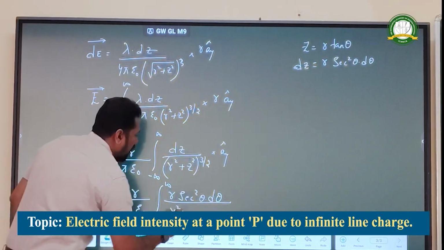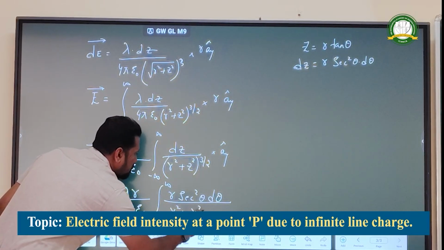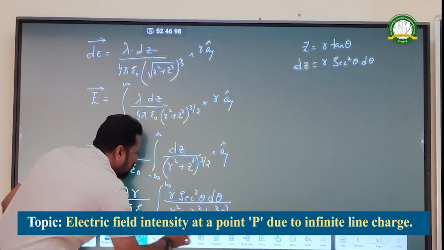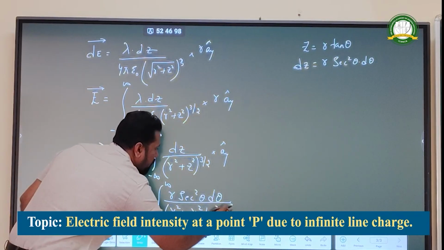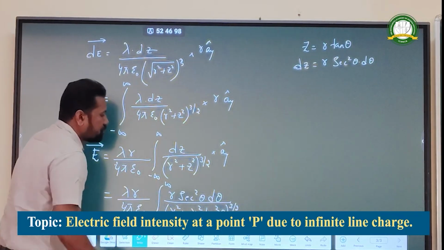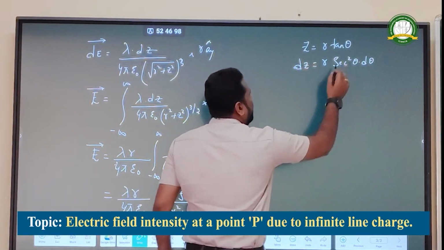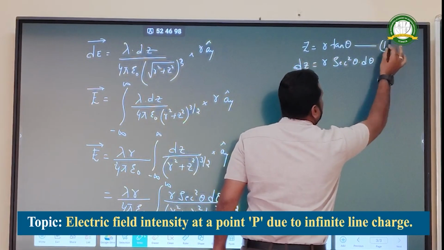Z is r tan theta, so r square tan square theta whole to the power of 3 by 2. Let us assume this as equation number 1.